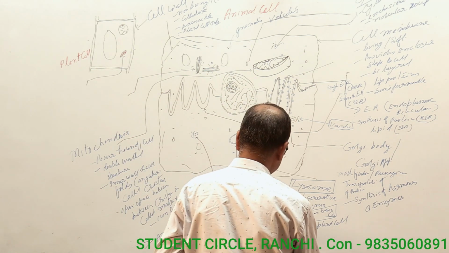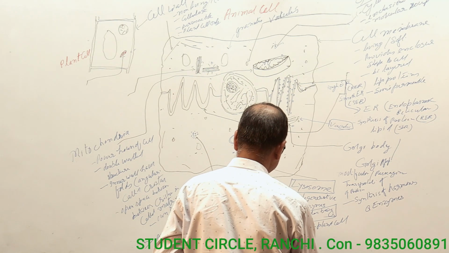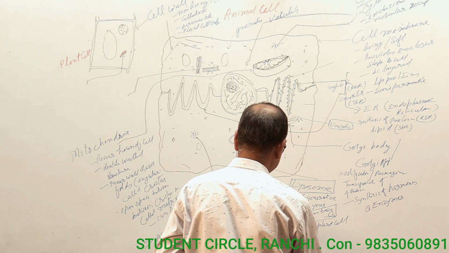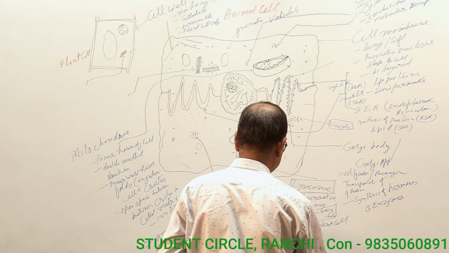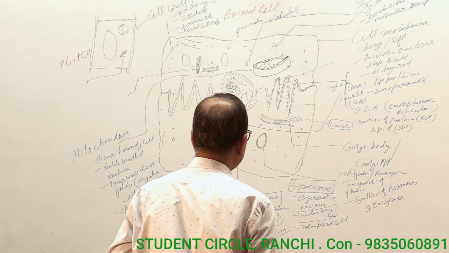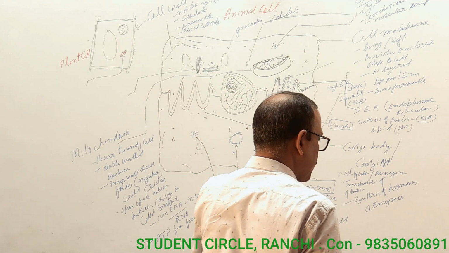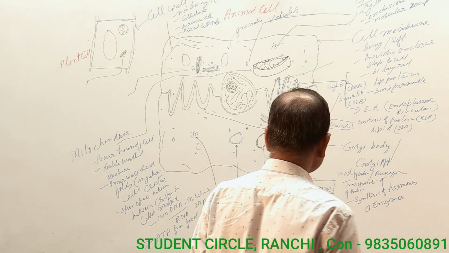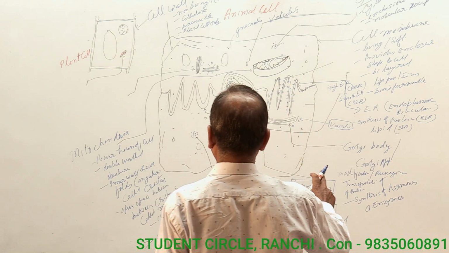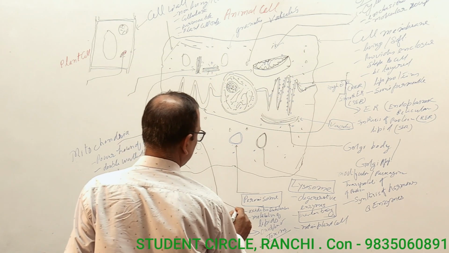So, oxidation of toxins. This peroxisome is also absent from plant cells. And the next one is ribosome.